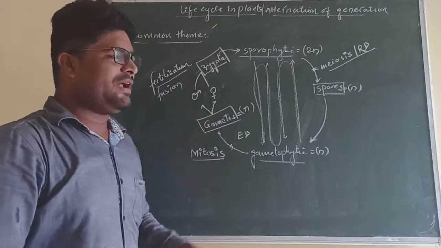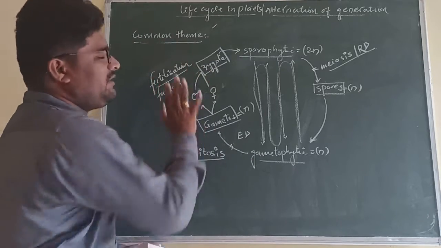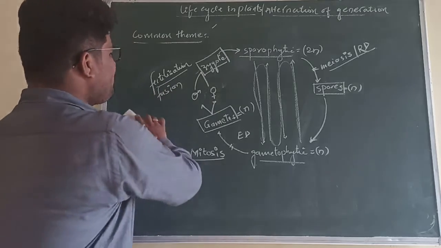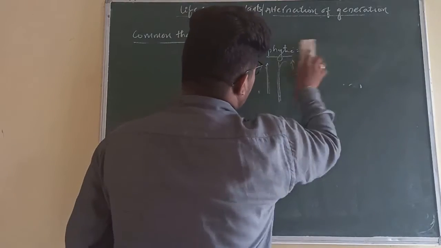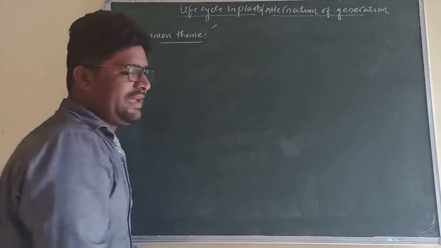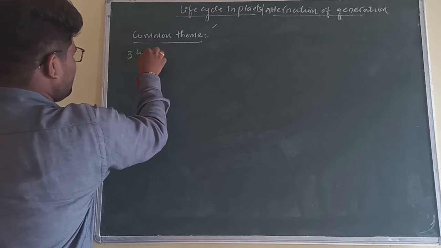So in every plant we have to study this process only, and this is the central or common theme for all. Now this alternation of generation is of three types. So these three types are as following.